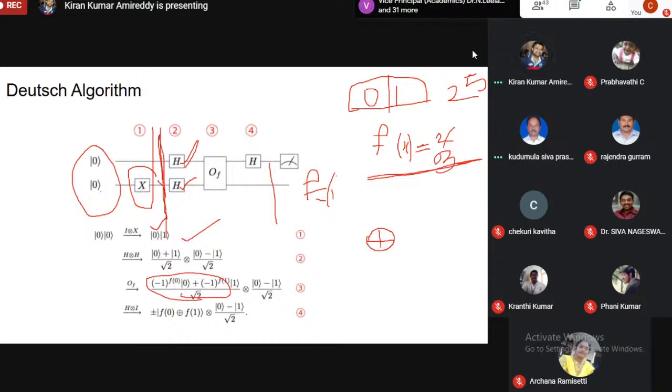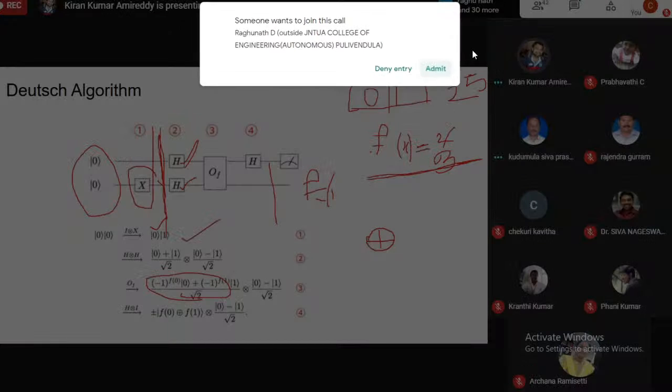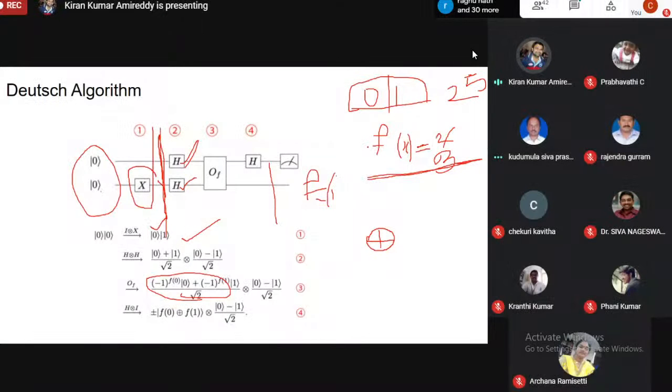Understand what is balanced. Suppose we have yes or no, two options for the output. Half of the times we'll get one possibility, and the remaining half we'll get the other possibility. In that case, we can say the function is a balanced function. Otherwise, it is an unbalanced function.